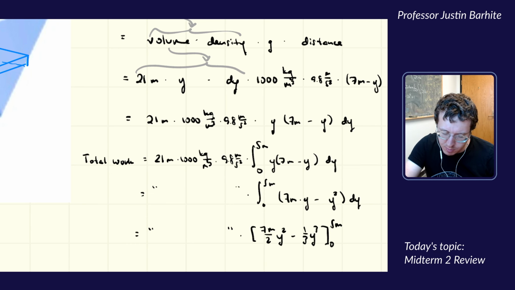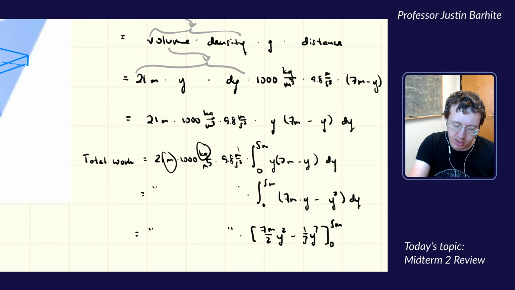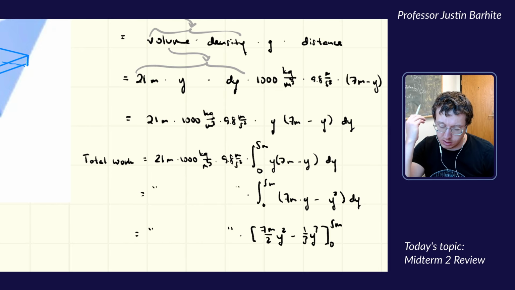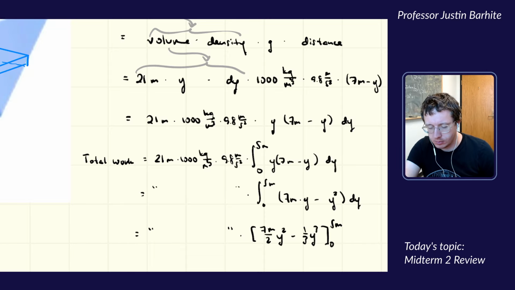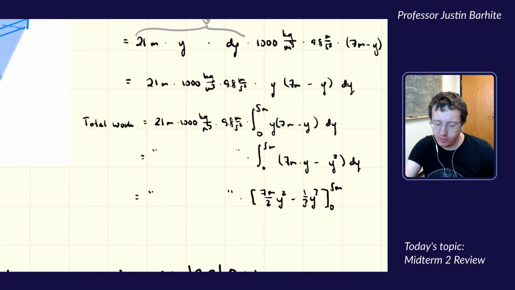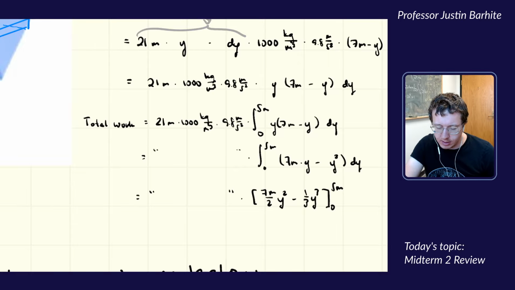I'm left with meters times kilograms times meters per second squared, which is a unit of energy. That's a joule. So it all works out. Yeah, probably you would be fine not being quite so careful with units throughout and just making sure to get the correct units at the end. And in this case, the units are joules.